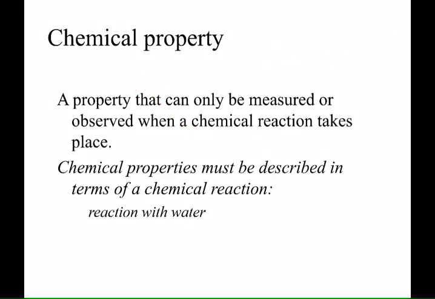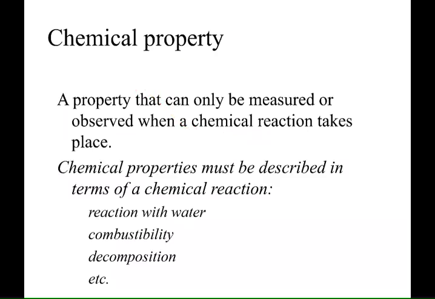So examples of chemical properties are listed here. For instance, will some matter react with water or not? Now, sometimes it's hard to know if a reaction has occurred, and we're going to see some videos, but if we get new substances formed as something reacts with water, then that is an example of a chemical property.